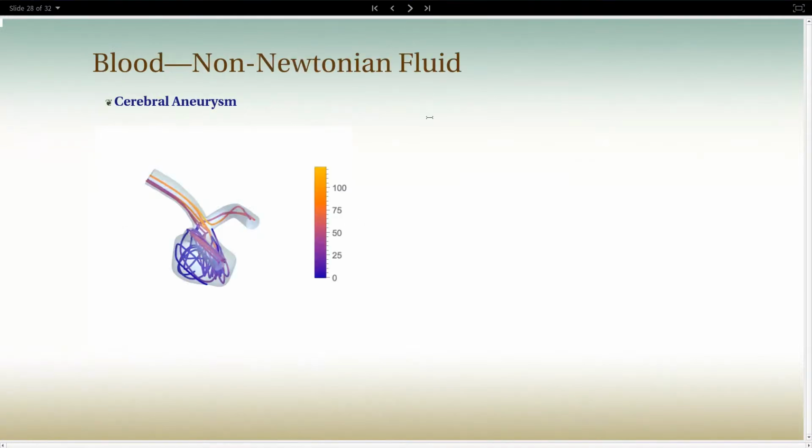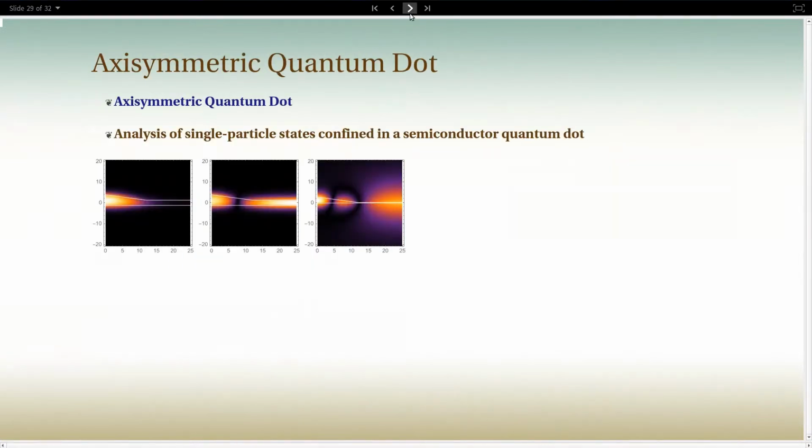Another example I quickly wanted to mention is this cerebral aneurysm. So this models Navier-Stokes equation with a non-Newtonian fluid model, and it shows how the blood flows in this aneurysm. And we intend to work on this a bit in the future. We'll see how far we can get with that.